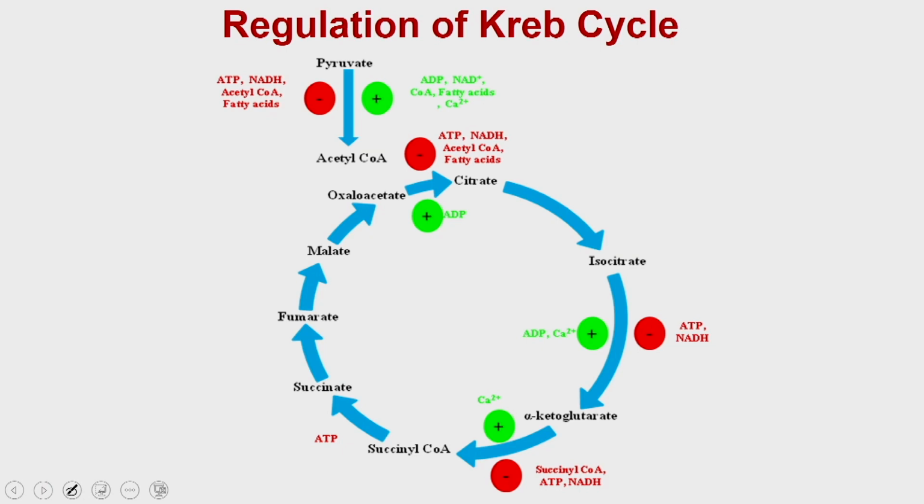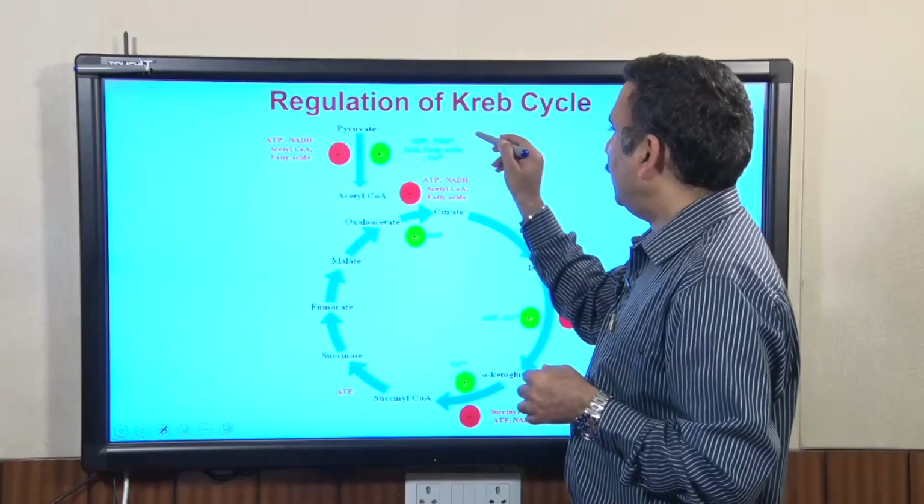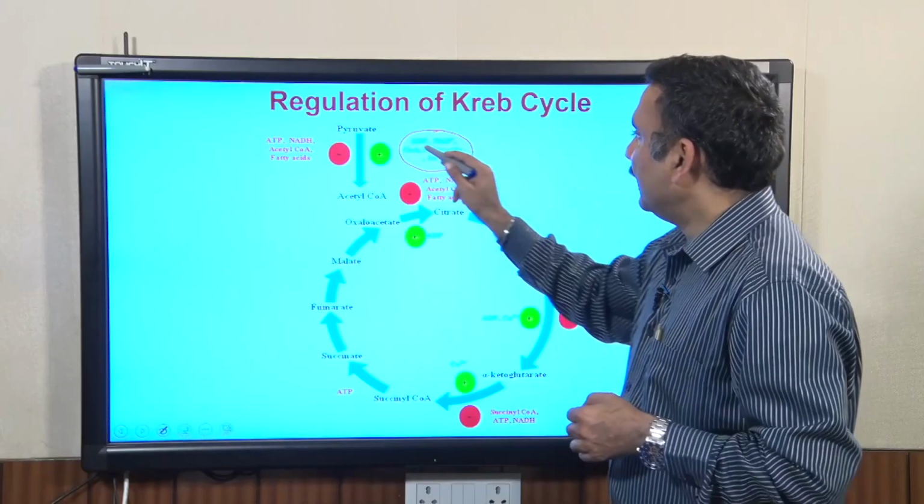So, the Krebs cycle is mostly regulated by feedback mechanisms, where the substrates, for example, for the first reaction where you are converting the pyruvate to the acetyl CoA, the pyruvate, ADP, NAD plus, coenzyme A, fatty acid and calcium are going to increase these activities.